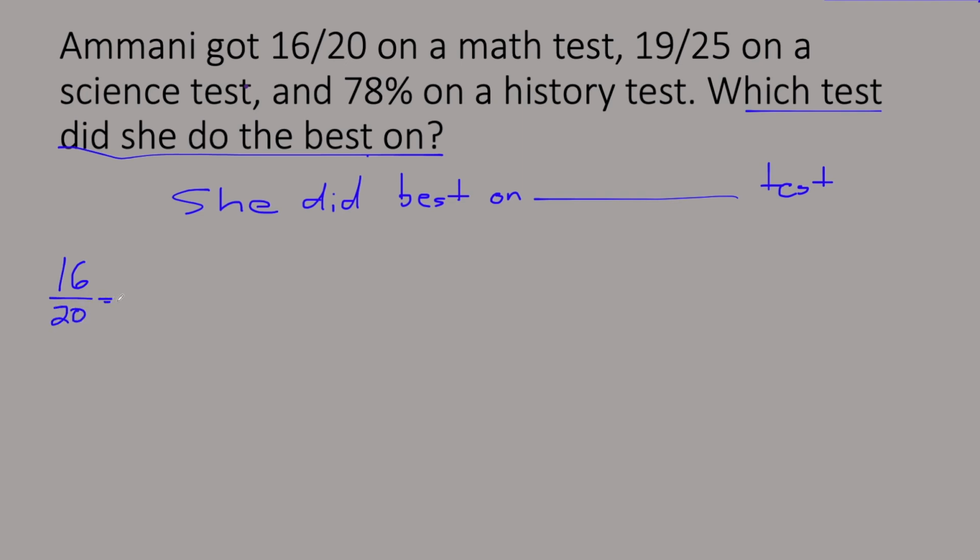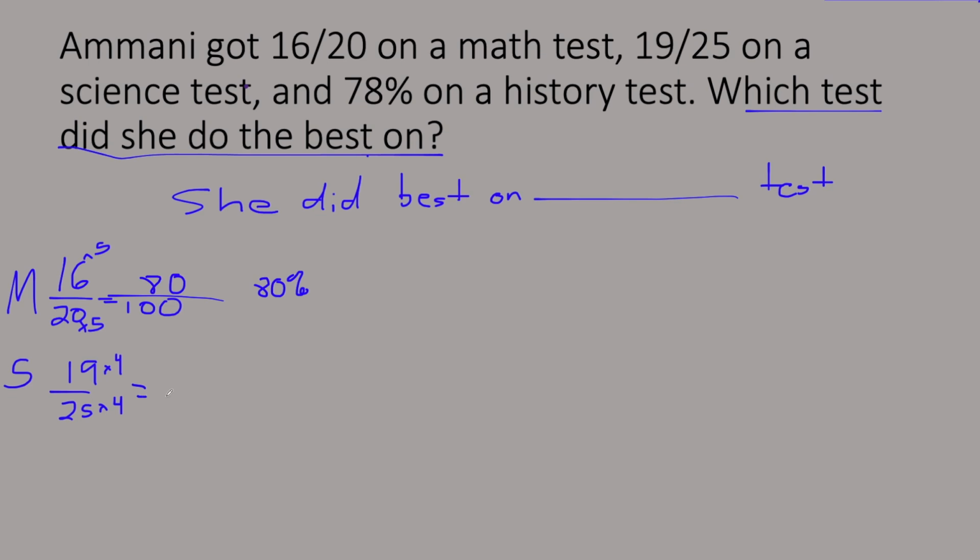Okay, so I have 16 over 20, and I'm going to change this to 100. So I have multiplied the bottom by 5, and I will multiply the top by 5. So that would be 80. So this is going to be 80%. So she got 80%, and this is math. This is going to be science, and she's got 19 over 25 here. This is going to be multiplied by 4 and multiplied by 4.